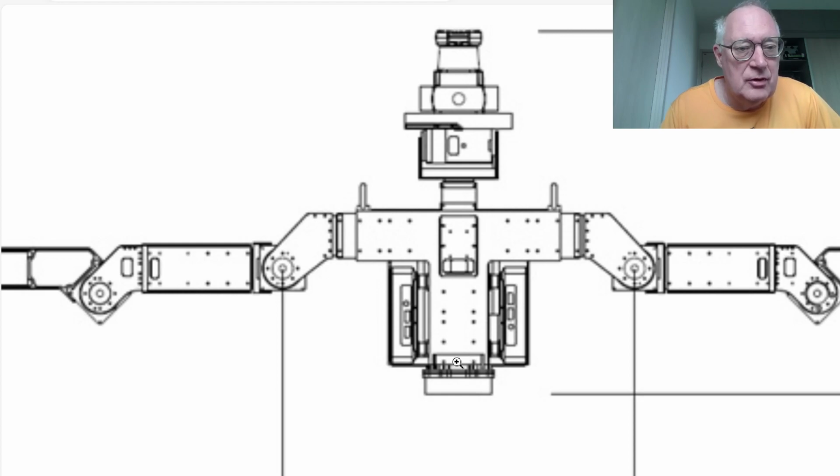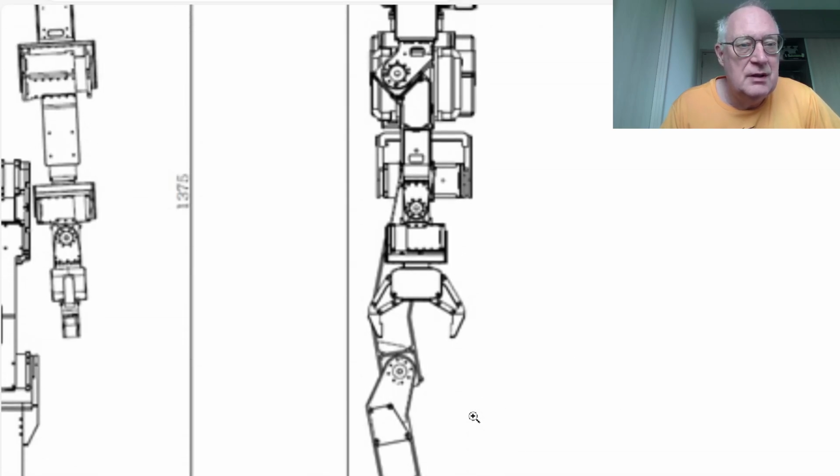Things like that. Also, there's a servo motor placed below here in the hip, so we'll ignore that one.